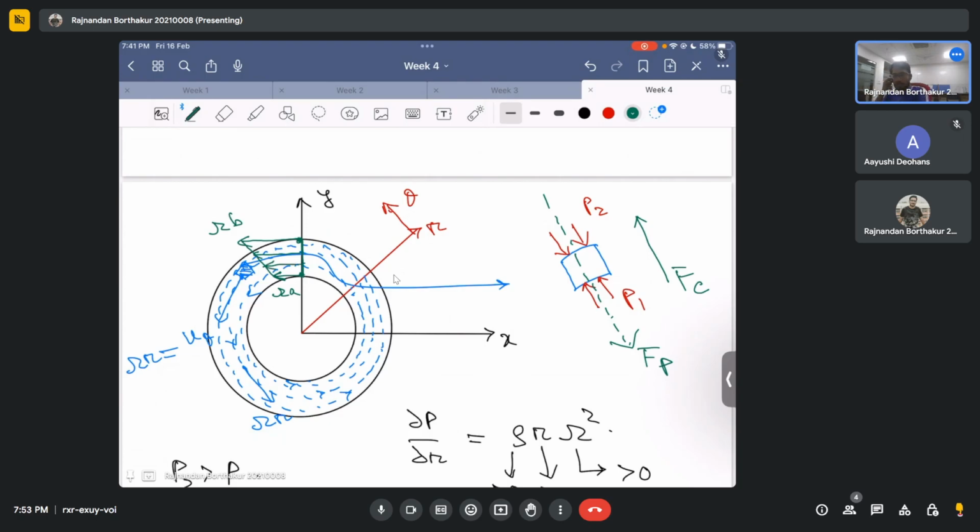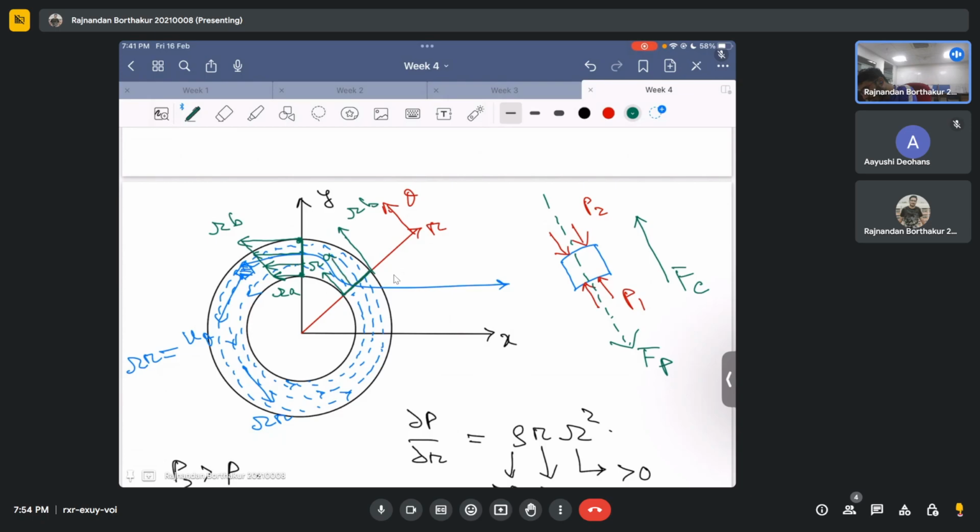If I shift my radial line to some other line, then the velocity field would be something like this, with omega times b here and omega times a there.